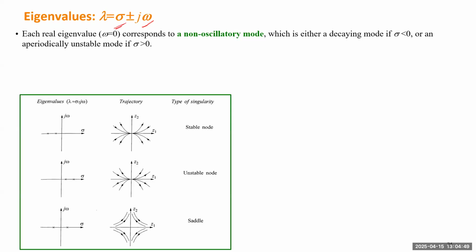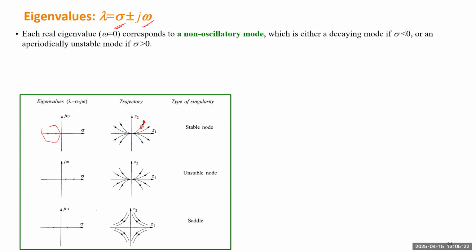So if you draw for a system with just two eigenvalues, if both eigenvalues are real and both are on the left-hand side of the imaginary axis, the mode will be stable. Which means, in the state space, if you start from any initial point, if it's on the trajectory of one mode, it just follows that trajectory and goes to the equilibrium. It could also be another trajectory, so for this case, there will be two separate independent trajectories.